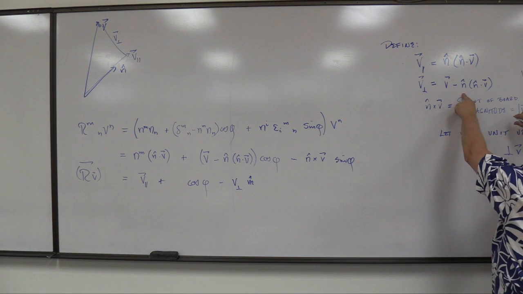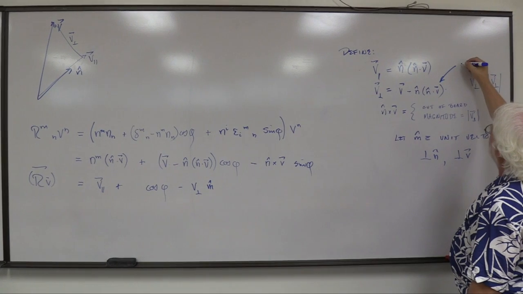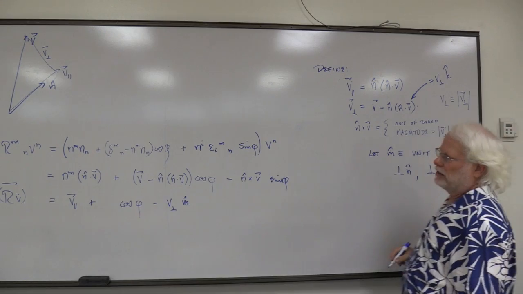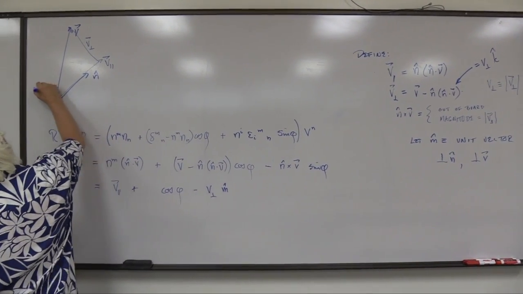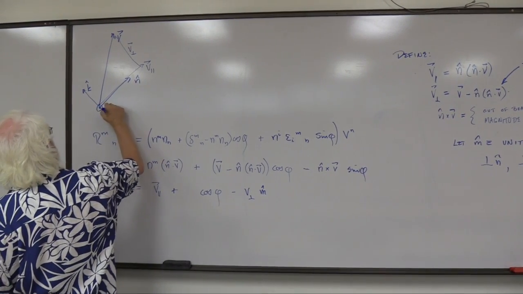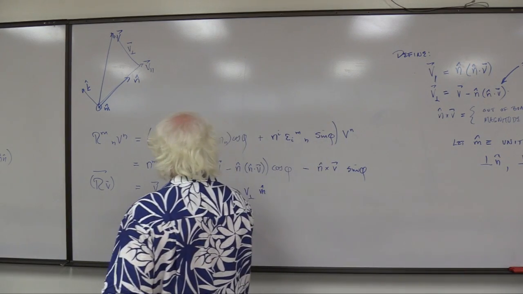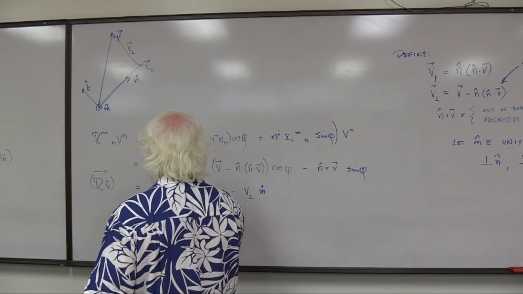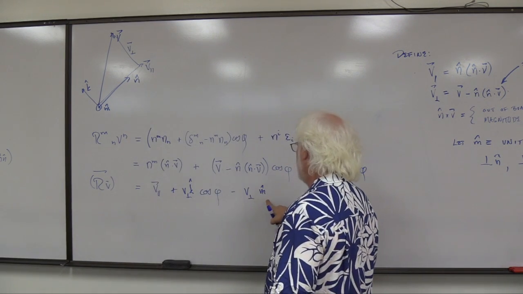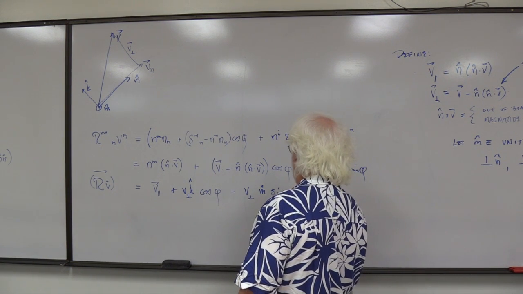Let's let this perpendicular part equal the magnitude times some k hat. So we have a k hat this way, and coming out of the board is m hat in the n cross k hat direction. So now this is in the k hat direction, and we have v perp magnitude. Here we have v perp magnitude in the m hat direction, sine phi.